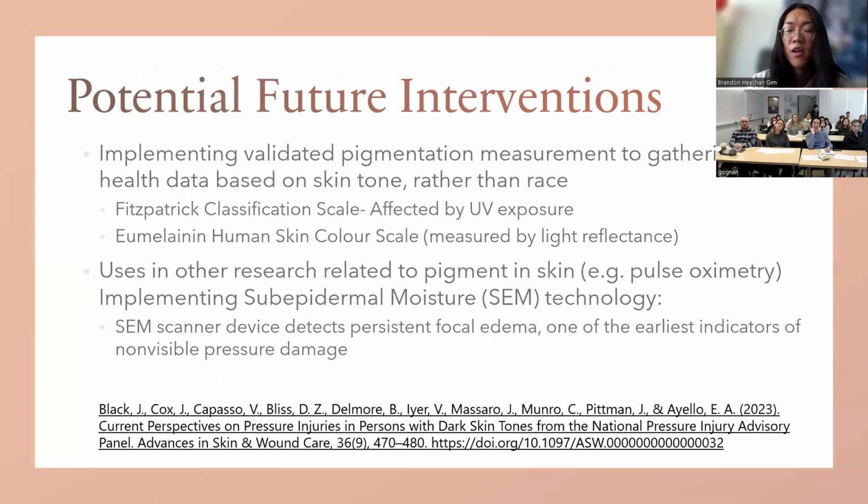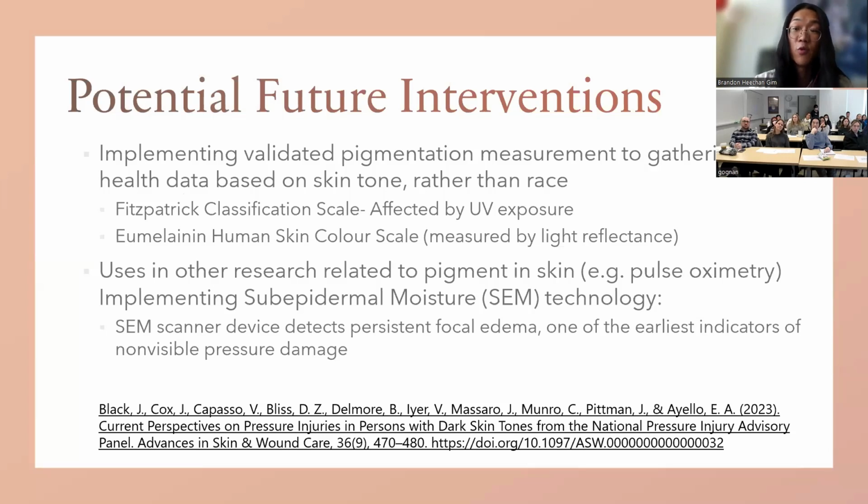Okay, so potential future interventions might be implementing a pigment measurement scale to gather health data based on skin tone rather than race. As we know, race is not a scientific measure, it's a cultural label. So you can have any skin tone and identify as Black, for example.